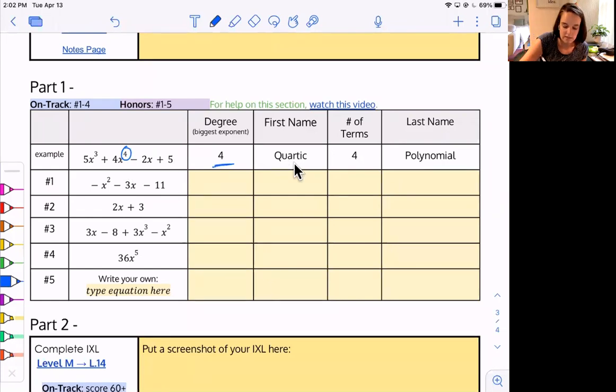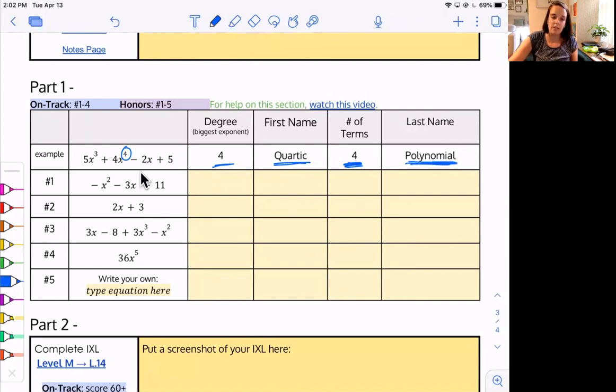That's what its first name is, quartic. Looking back in my notes, I know that x to the 4th is quartic, right? And then, okay, the number of terms, 1, 2, 3, 4. I have 4 terms here, right? I know that when there's 4 terms, their last name is poly, because poly means many, polynomial. And then we write polynomial right here.